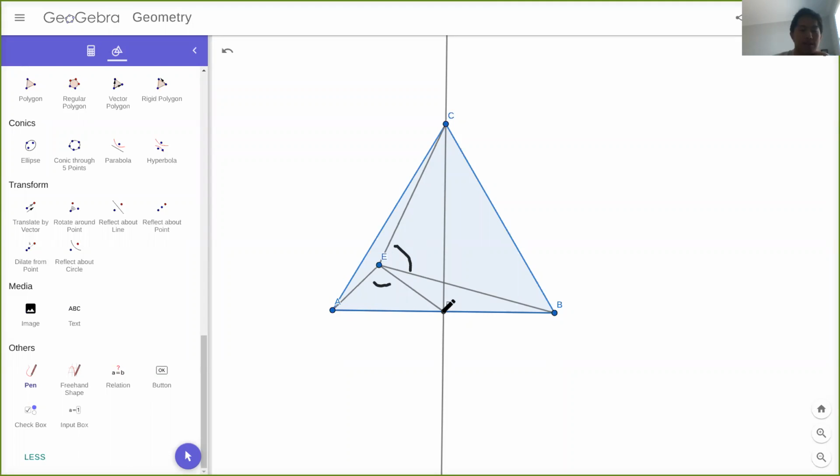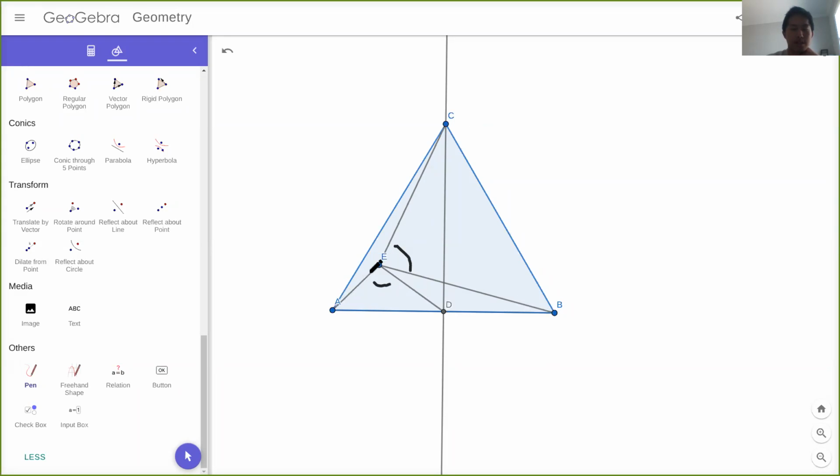This D, we didn't need to use it before. The condition that we had about E, that angle EAD is equal to angle EBC, we could have just as well said angle EAB is equal to EBC. So we somehow have to use this property right here that D is the midpoint of AB.